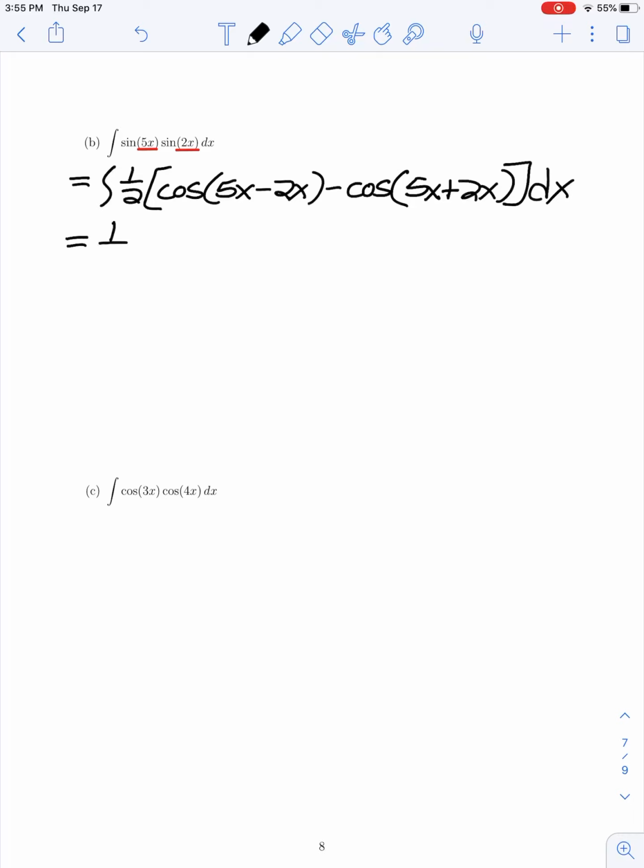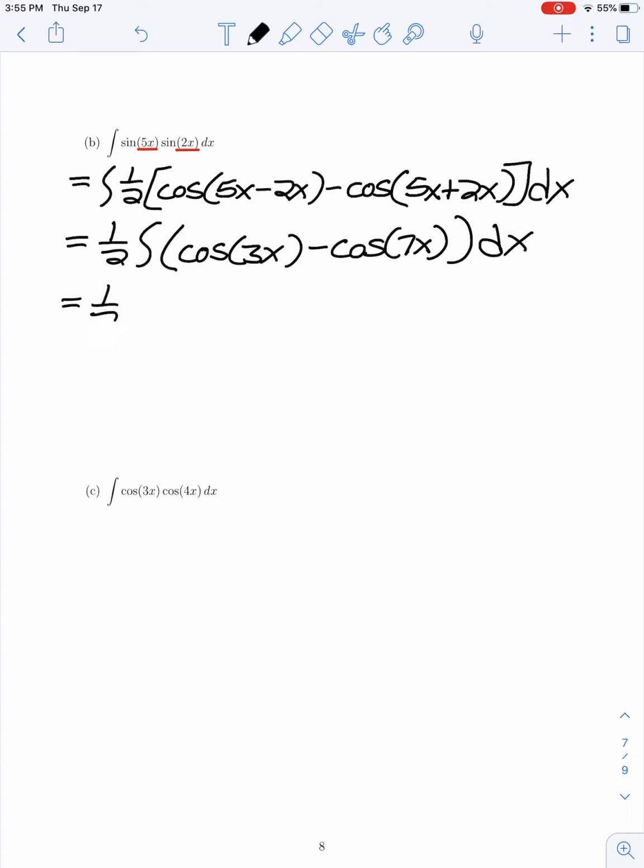By making use of that trig identity, let's see what we have. Pulling the constant 1/2 out in front of the integral, I'm left with the integral of cosine of 3x minus cosine of 7x dx. And here I can evaluate directly. I have 1/2 of the antiderivative of cosine 3x, which would be 1/3 sine of 3x, and then minus the antiderivative of cosine 7x, which is 1/7 sine of 7x.